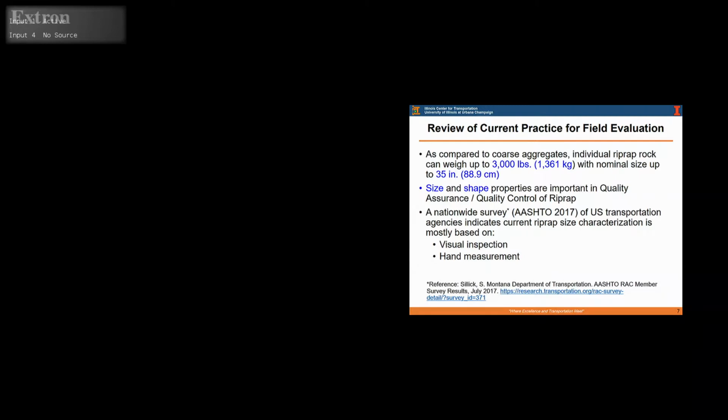A nationwide AASHTO survey in 2017 indicates that the most common current state-of-the-practice characterization method is either hand measurement or visually judging the size. So that's why we have to propose a more objective and standalone way to characterize the size and shape of them.